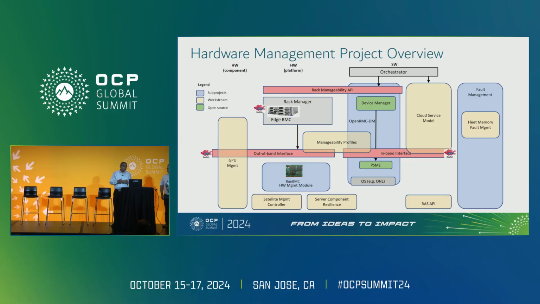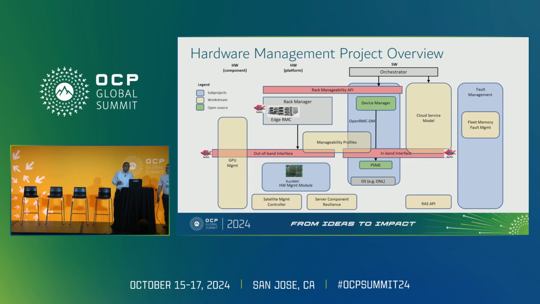Then the other things we have going on: on the fault management side, that sub-project has started. Within that there is a work stream working on a fleet memory fault management specification. Then we have the GPU management work stream, which just recently started.